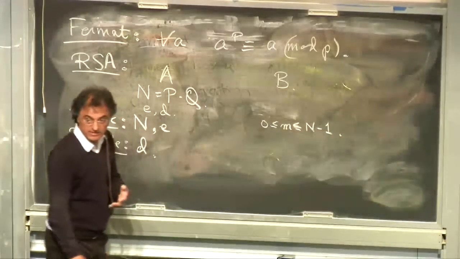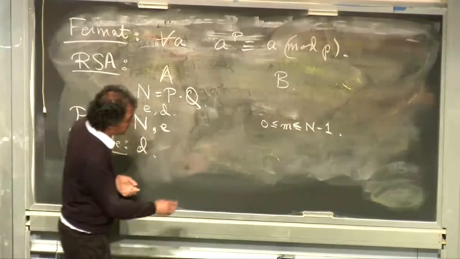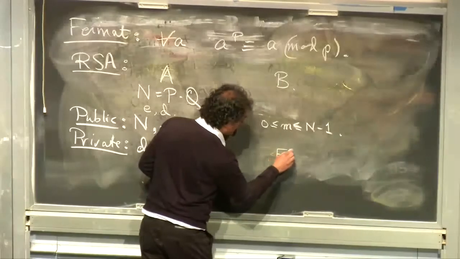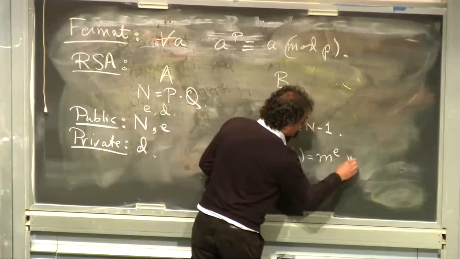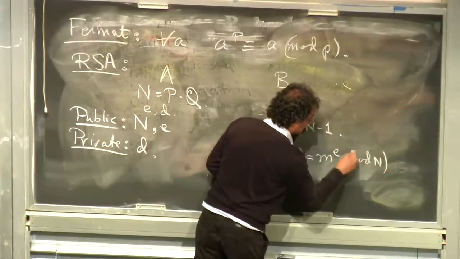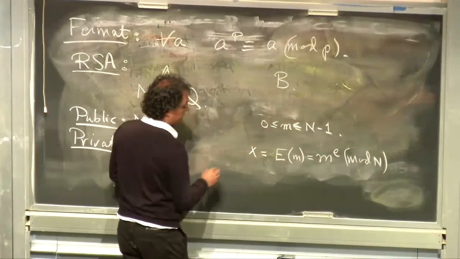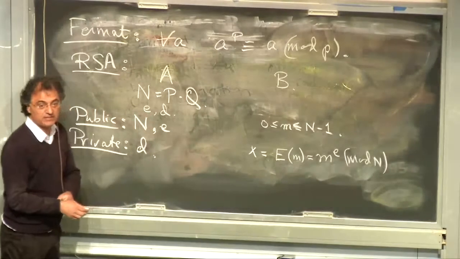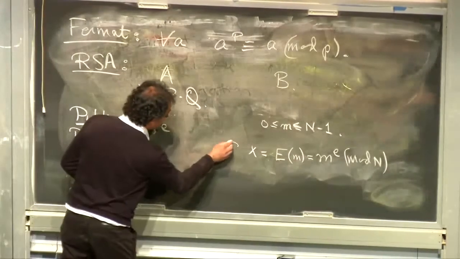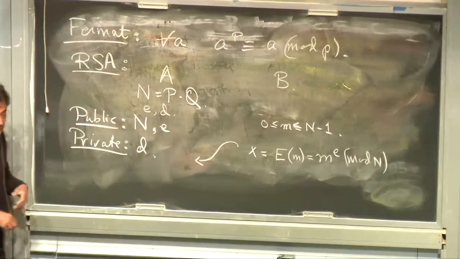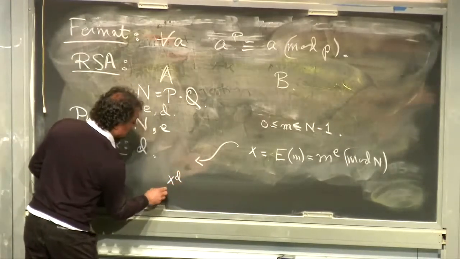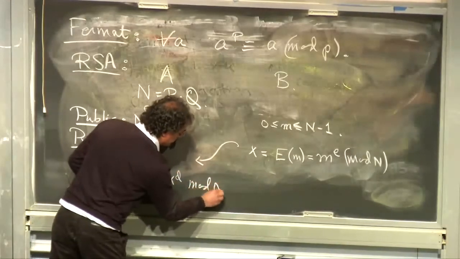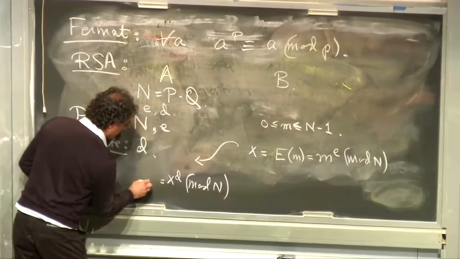He encrypts this message by raising m to the power of e mod n. Call this x. This is the ciphertext, what he sends to Alice. And now Alice raises x to the power of d mod n, and this should turn out to be m.